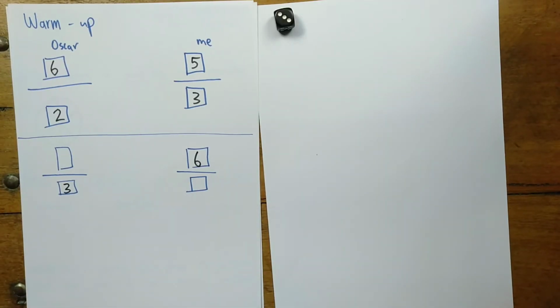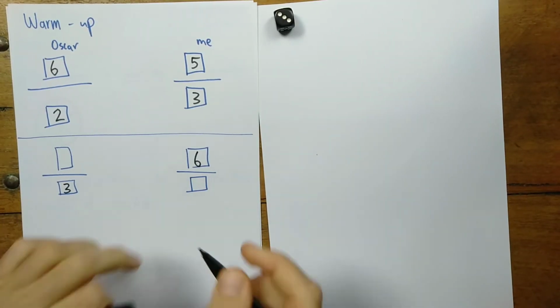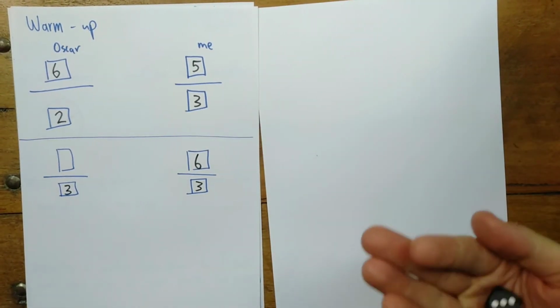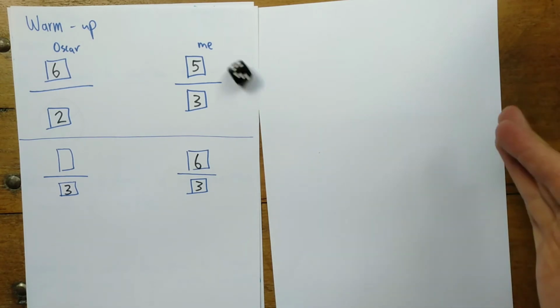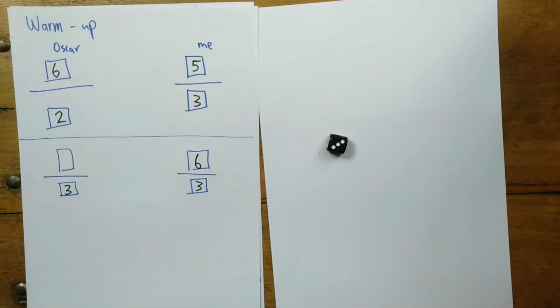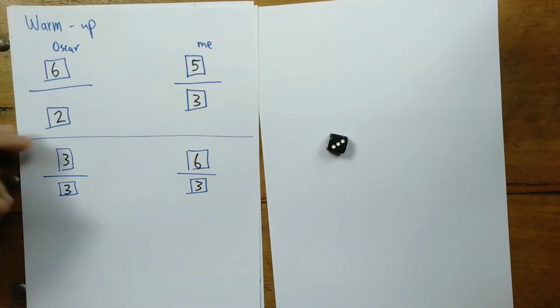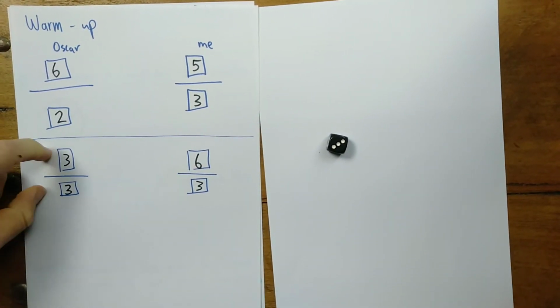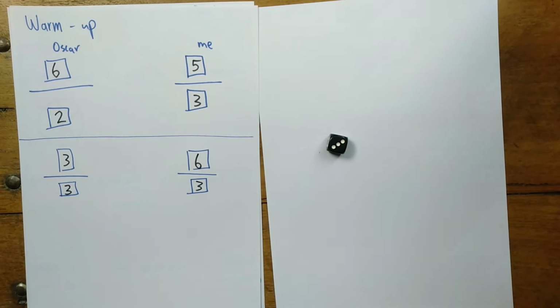Okay. I'm going to put that 3 at the bottom. Ooh, and you got a 3. So 3 over 3, or 3/3, is smaller than 6/3. So I win that round.